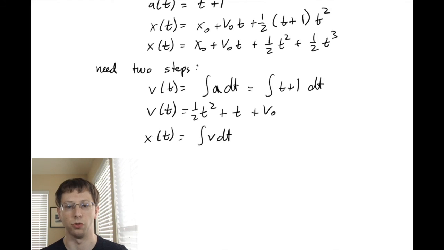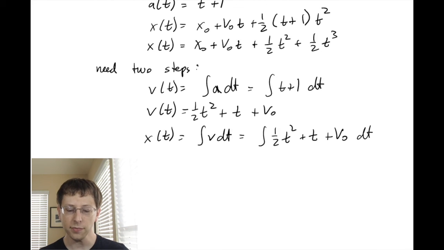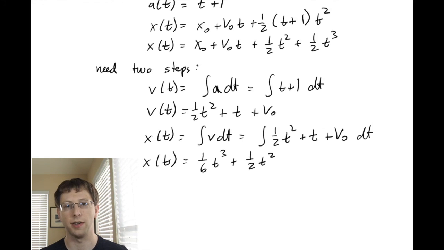We can plug this in for the velocity. Position is equal to the integral of the velocity. And again, it's a straightforward integral, although there are a few terms now. The position then is equal to 1/6 t cubed plus 1/2 t squared plus the initial velocity times time plus the initial position, where the initial position is the constant of integration from that integral.